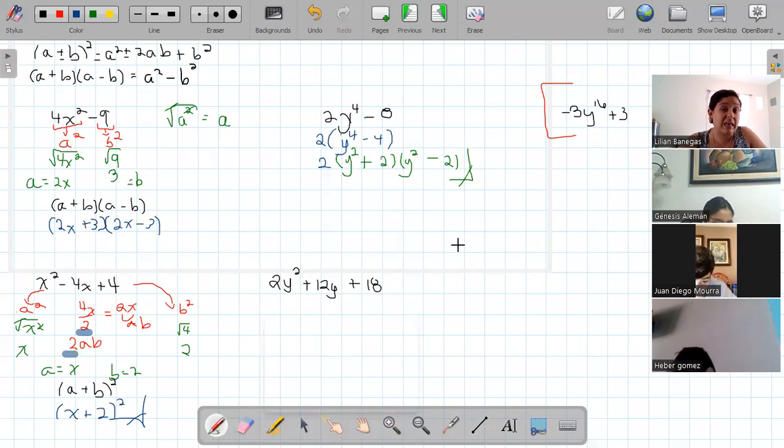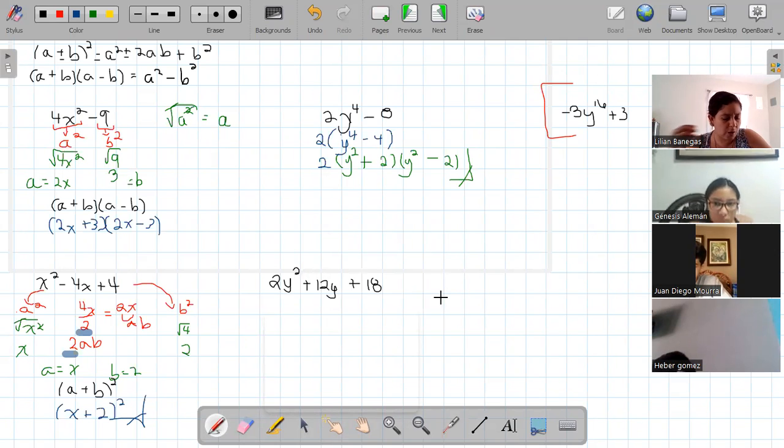Try and see if I can use the GCF, okay? If I'm able to use the GCF, then I factor out first with the GCF, and then I try to use any other method. So is there a GCF for 2y squared plus 12y plus 18? Do we have a GCF for those terms? 2. 2, very good. So we take out the 2.